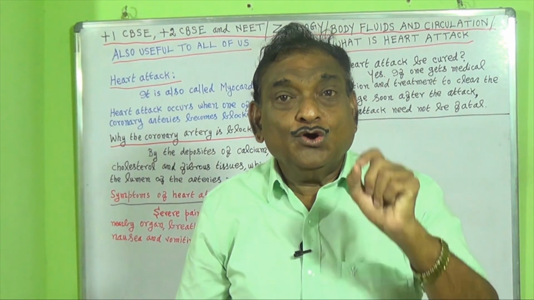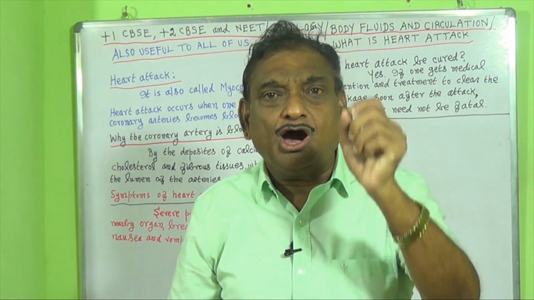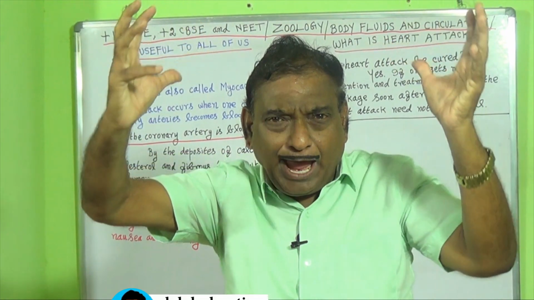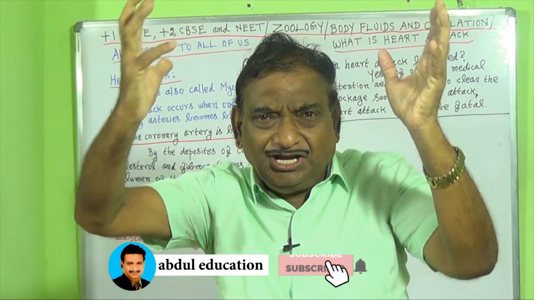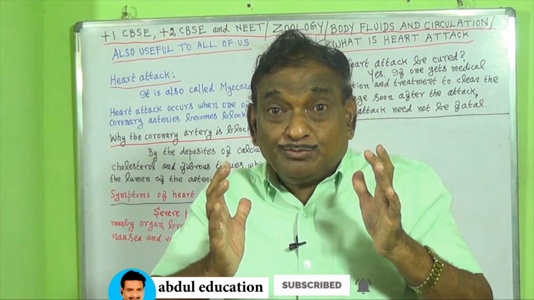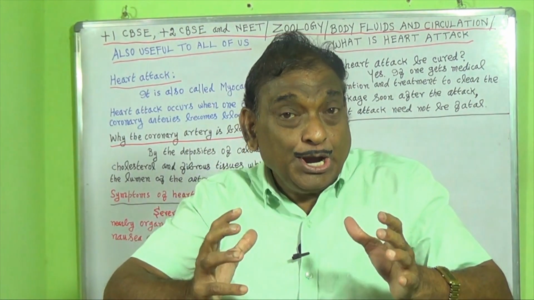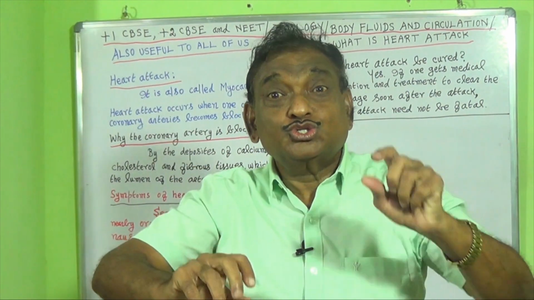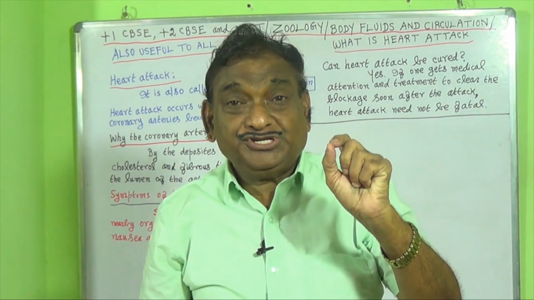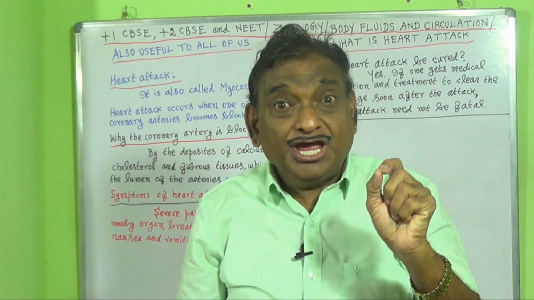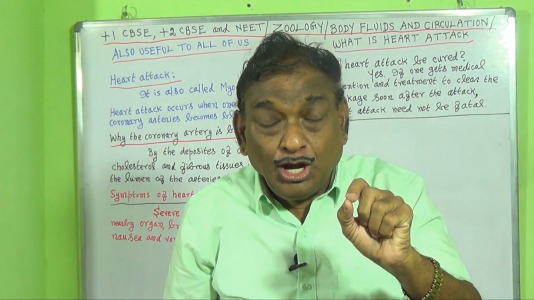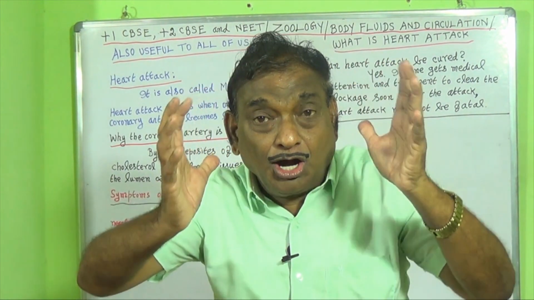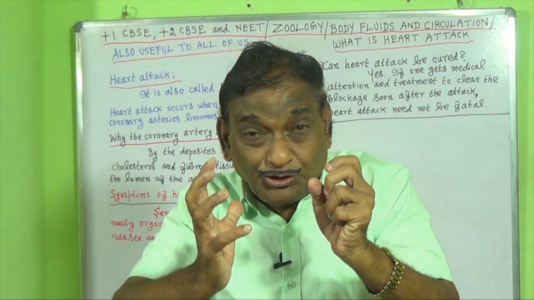There are 4 main coronary arteries, and they wrap around the entire heart. The heart muscles are responsible for the contraction of the heart chambers. So, if sufficient oxygen is not provided to the heart muscles, they cannot contract the heart chambers effectively.